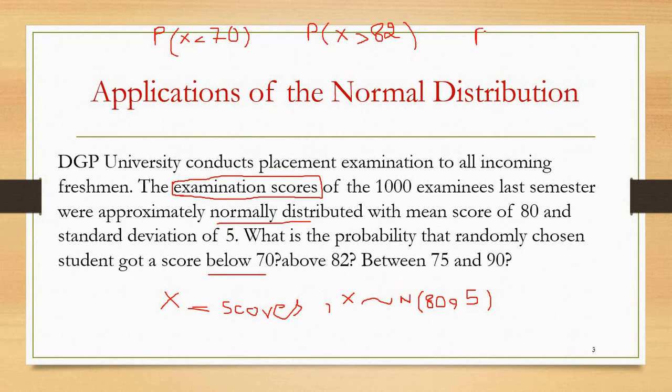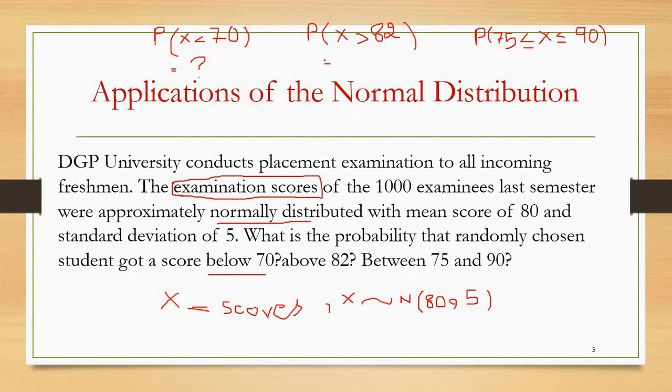So in this case, you have to find probability between 75 less than or equal to x less than or equal to 90. So you have to find all these three probabilities.